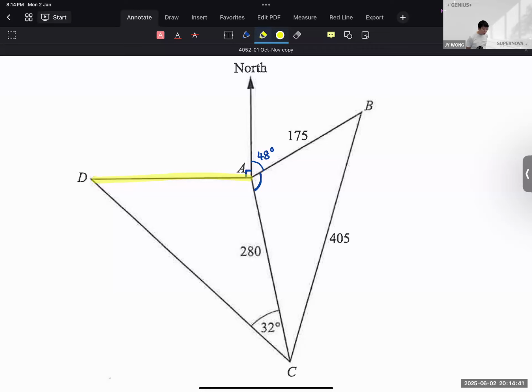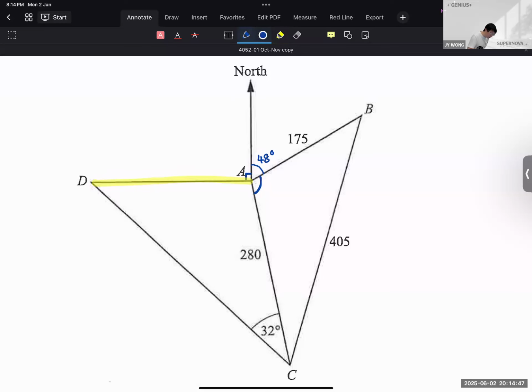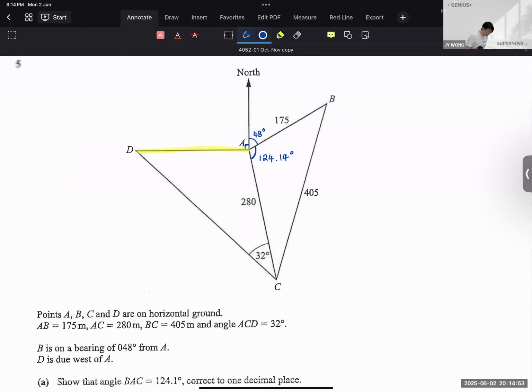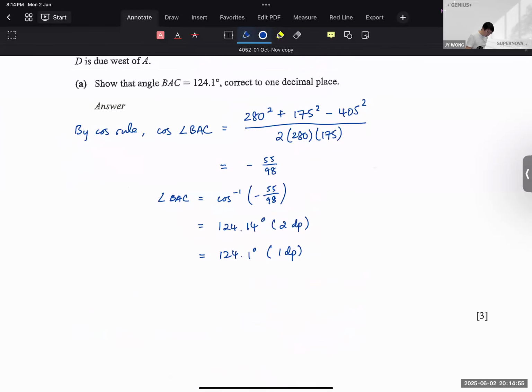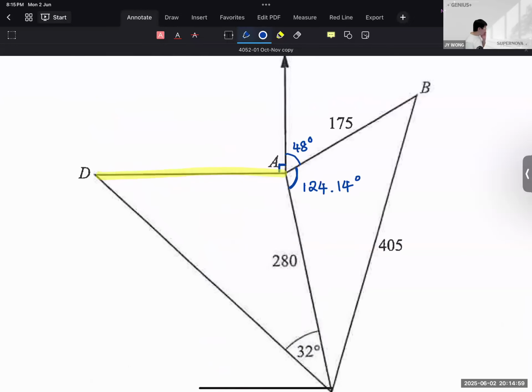Okay? So now that I found this angle, I will not write the 3 SF, the 1 dp value. I'll actually write the more accurate value, which is 124.14, correct? That's the more accurate value, right? I will use the more accurate value. Although in this case, it is perfectly fine to use the 1 dp value, I think. I don't think Cambridge will penalize you, but I wouldn't use it.